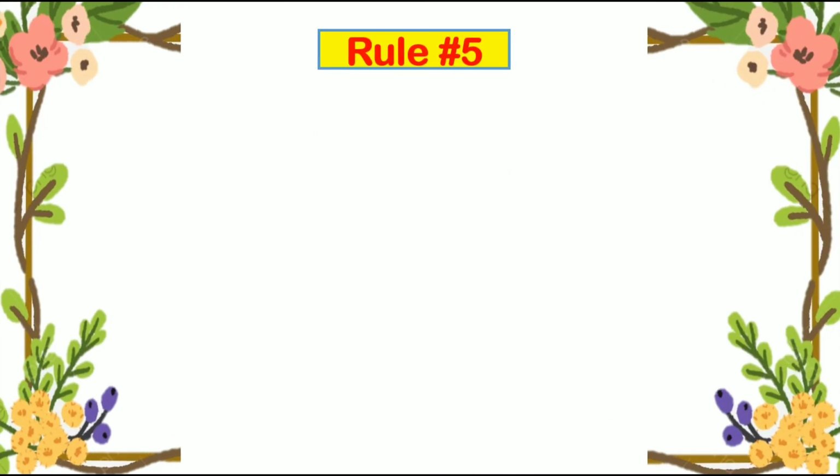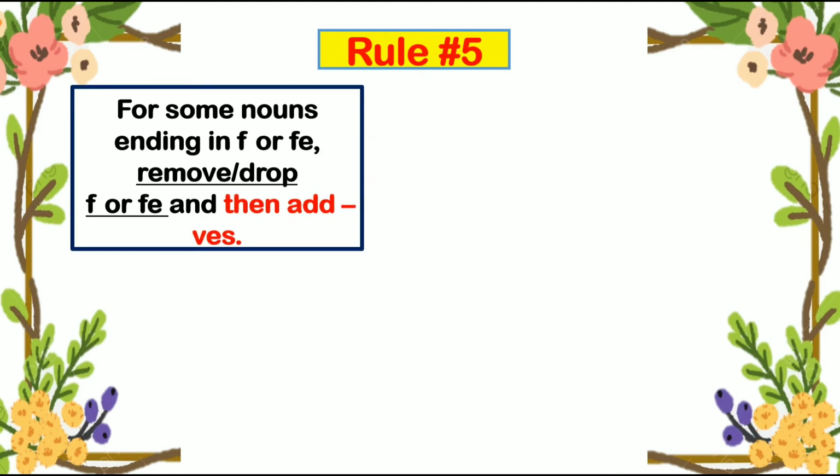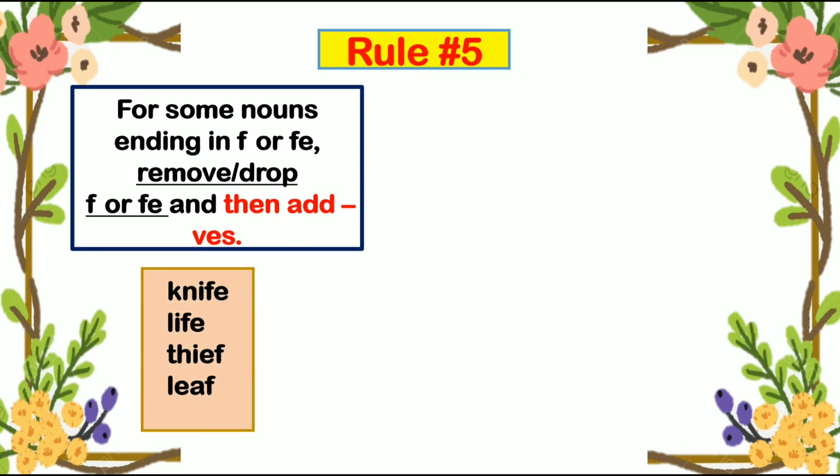Lastly, rule number 5. For rule number 5, we're going to talk about nouns that end with F or FE. For some nouns ending in these letters, you have to remove or drop the F or FE first before adding VES. Examples: you have knife, life, thief, and leaf.